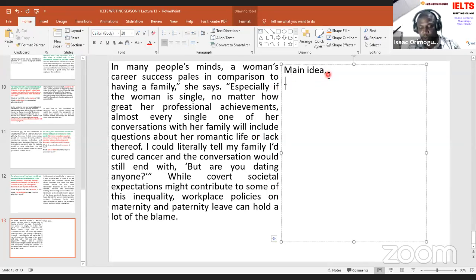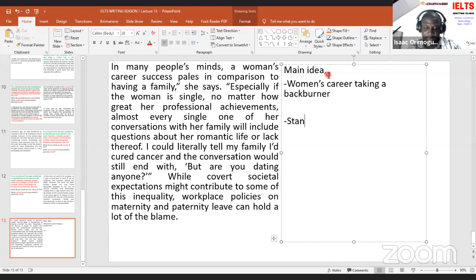So, women's career taking a back burner. The reason for the main idea is so that you can start your own conversation, because most of these journals use standard expression to start a conversation. What are the things that were used as higher standard expression?